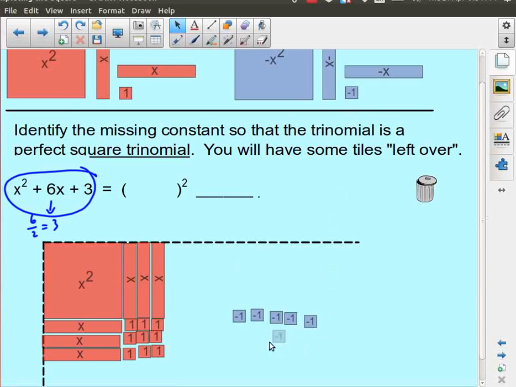Okay, so I've brought in my extra tiles. So this is equivalent to all of this together because of these offsetting tiles. So what is this part equivalent to? This is an x, this is a plus 3, this is an x, this is a plus 3. So there's the perfect square part.